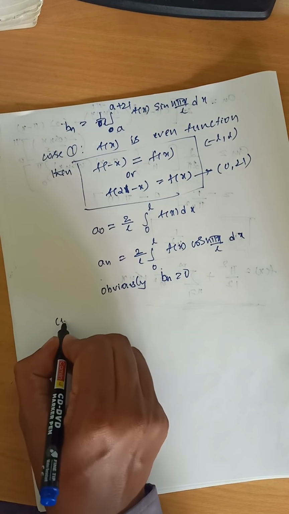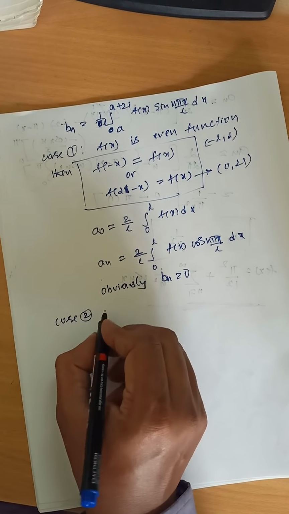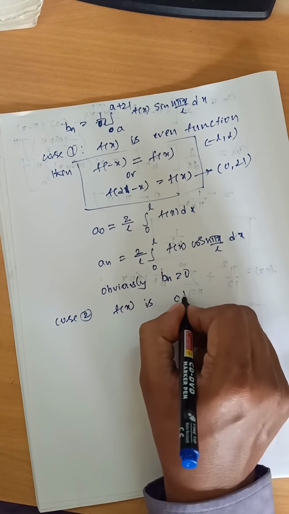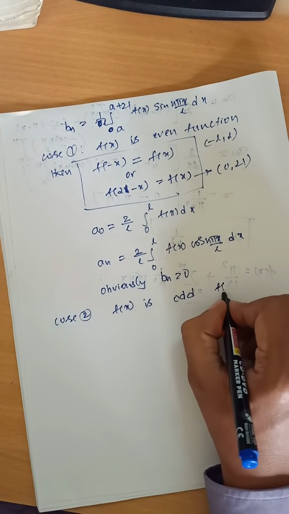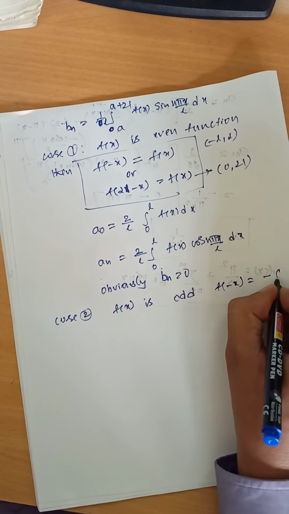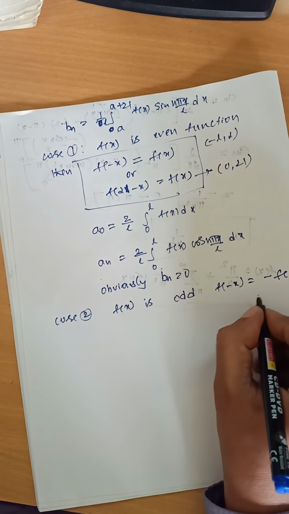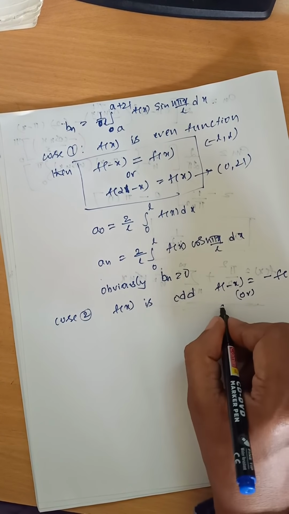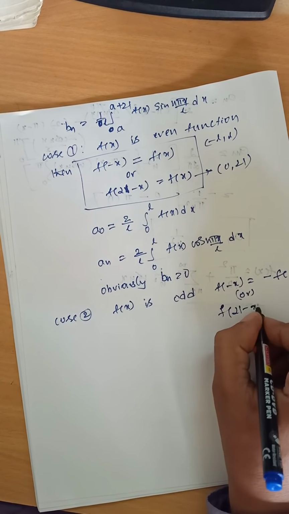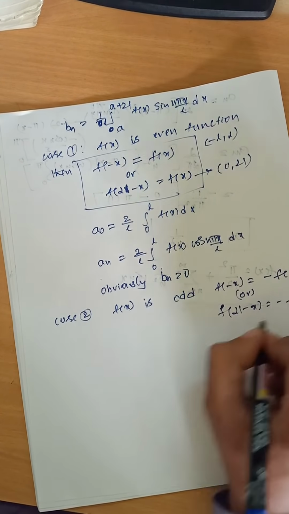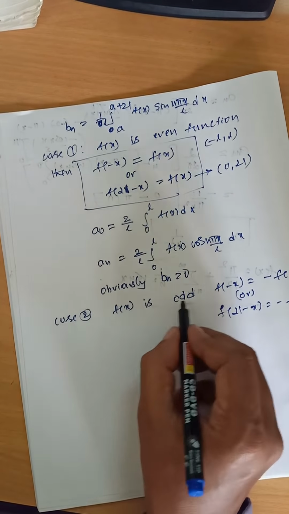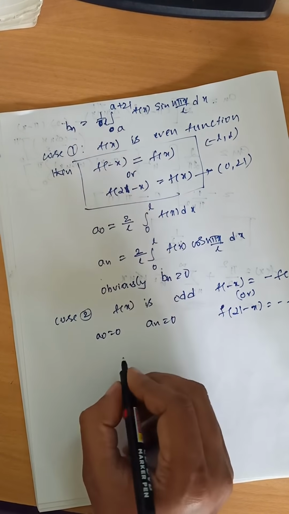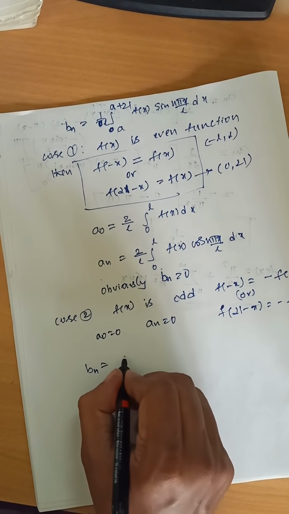Next, case 2: f of x is odd. What is the condition? F of minus x is equal to minus f of x for minus L, comma plus L. For 0, comma 2L, we write f of 2L minus x is equal to minus f of x. F of x is odd means a naught is 0 and an is 0. We find only bn.